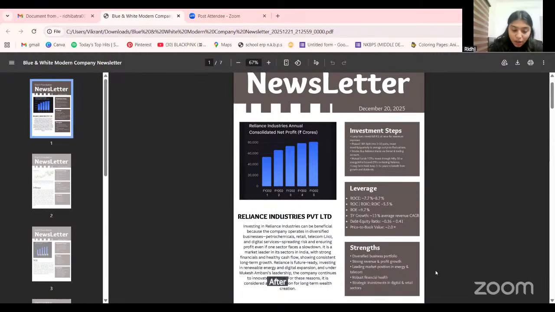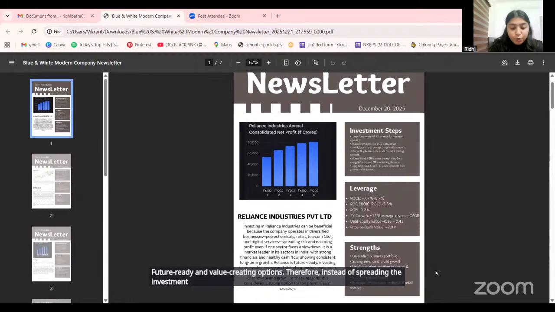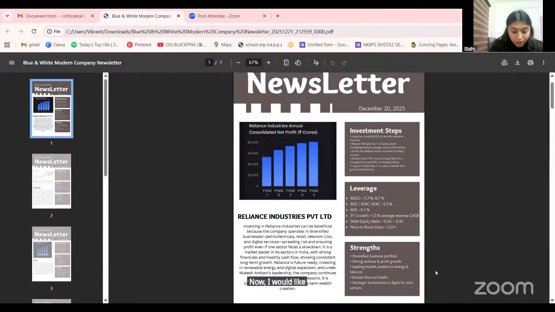After this comparative analysis, five companies clearly stood out as the most reliable, future ready, and value creating options. Therefore, instead of spreading the investment thinly, we decided to focus on quality over quantity and build a strong, concentrated long term portfolio. Now, I would like Riddhi to explain the rupees 50 lakh allocation and the rationale behind selecting these companies.